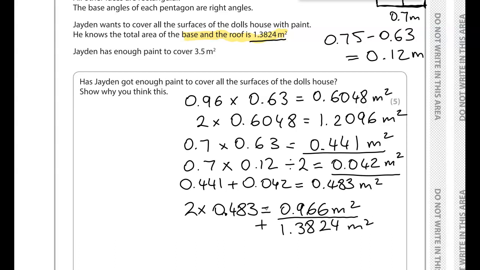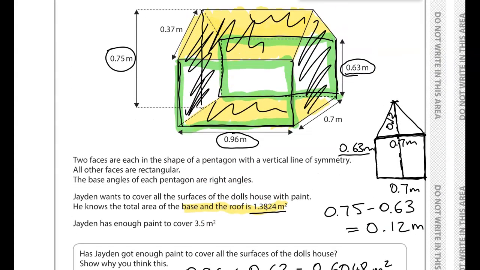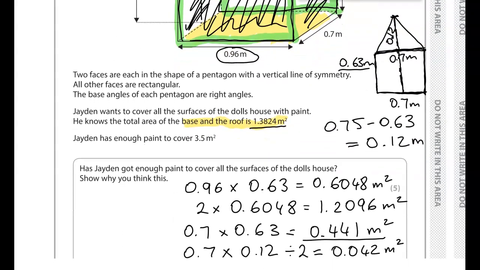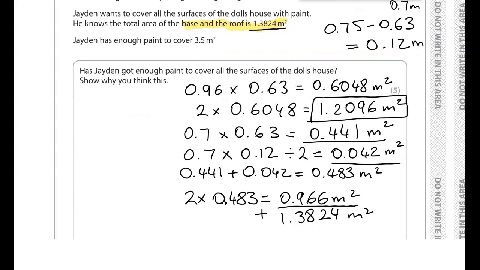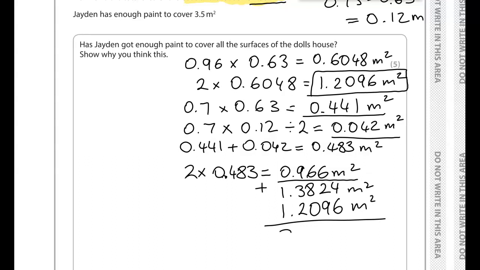And we've got to also add these two rectangles that we worked out earlier. Which was this one here. So 1.2096. And adding these three gives us 3.558 square meters.